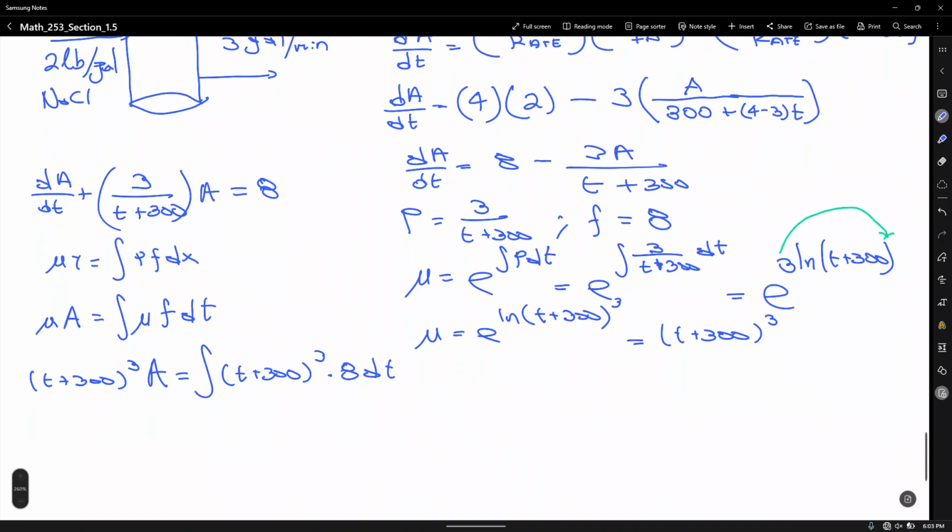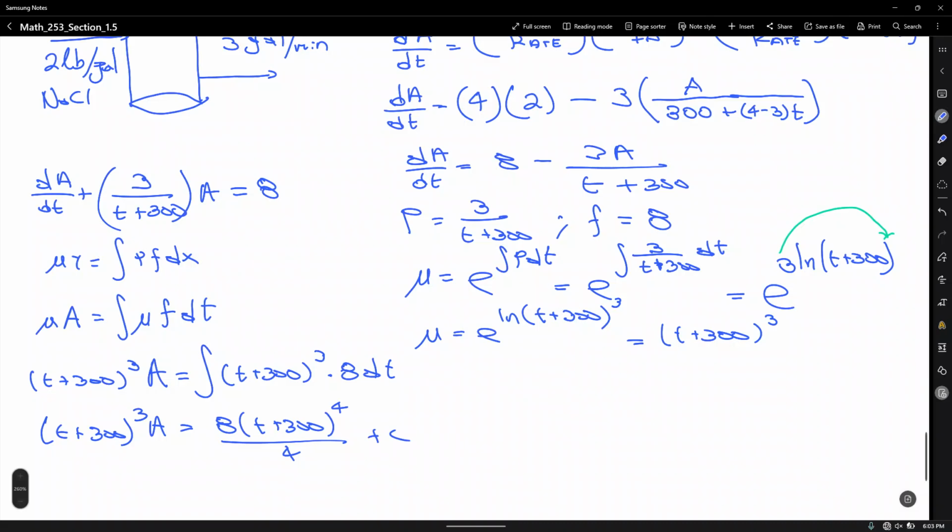Well, to evaluate this integral, do you want to cube the binomial? Not really. So (t plus 300) cubed A equals 8 times (t plus 300) to the 4th power over 4. This is an immediate integral, right? Plus some constant of integration, of course.